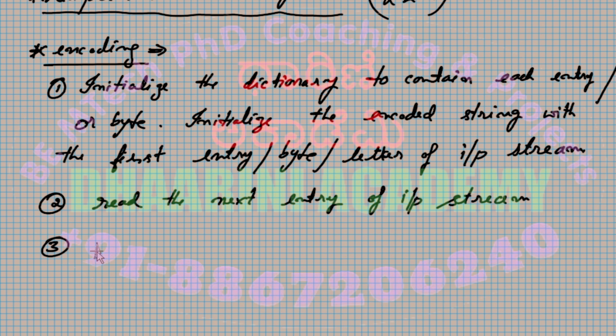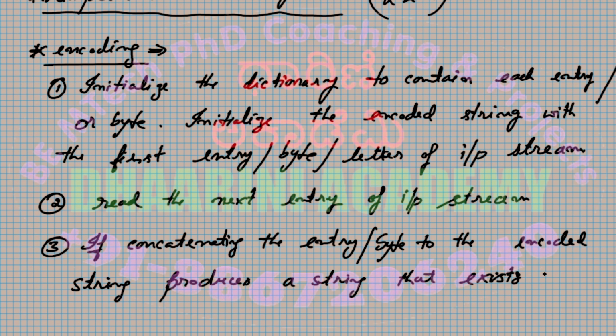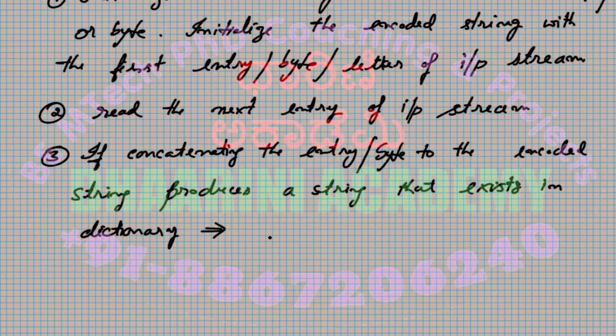So if concatenating the entry or the byte to the encoded string, encoded string in the sense it's output, whatever partial output we got, we are referring to that, produces a string that already exists in the dictionary, this implies you simply concatenate the byte to the encoded string.